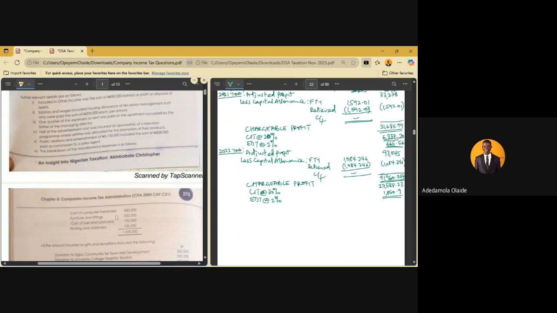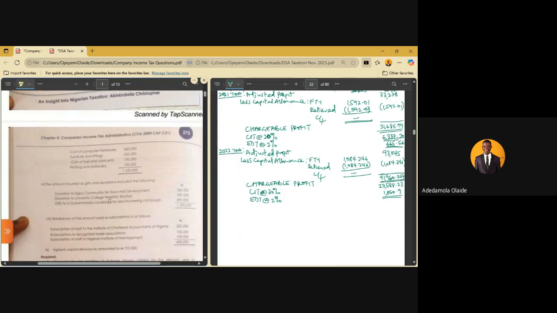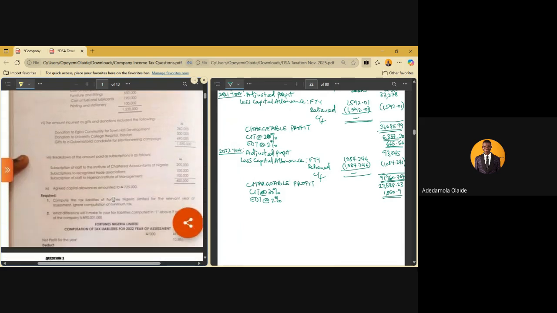The breakdown of the miscellaneous expenses is as follows: cost of computer hardware, furniture and fittings, cost of fuel and lubricants, printing and stationery. The amount secured as gift and donation included the following: donation to Egba Community for Town Hall Development, donation to University College Hospital, Ibadan, gift to a gubernatorial candidate for electioneering campaign.